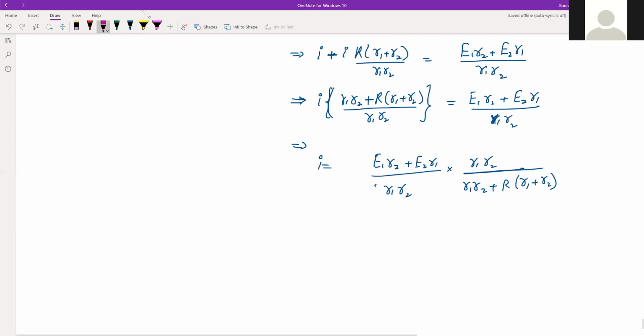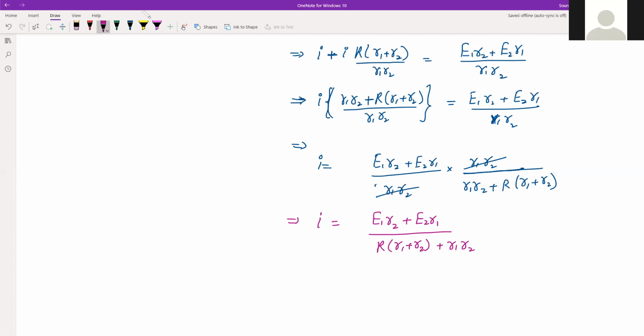If we see this, then these two will get cancelled and we'll have I is equal to (E1 R2 plus E2 R1) divided by (R into (R1 plus R2) plus R1 R2). Again, this is still not in this form.